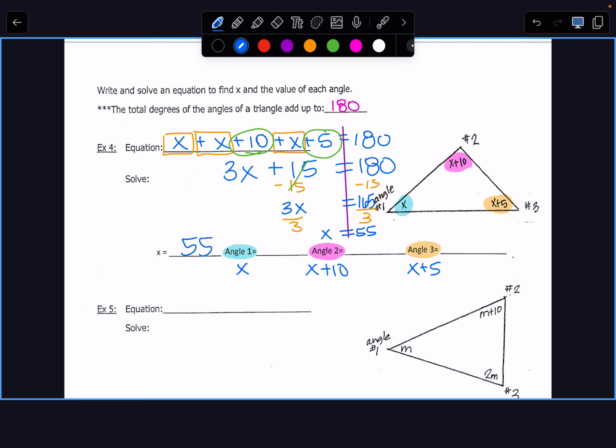It's 55 degrees. Okay. If x is 55 and angle 2 is x plus 10, x plus 10 would give us 65 degrees. If x is 55 and angle 3 is x plus 5, what's angle 3? Angle 3 is 60. Okay, we're just going to plug those back in.